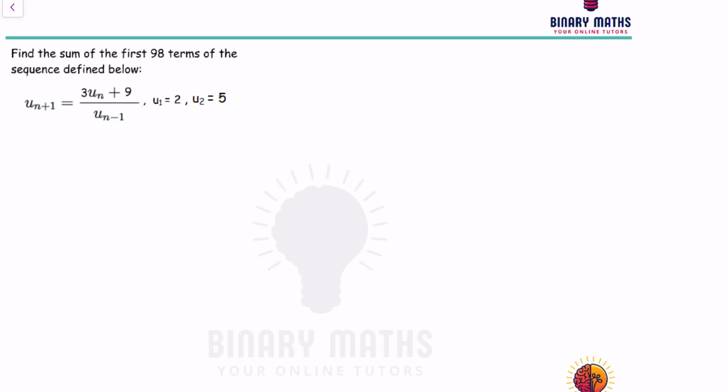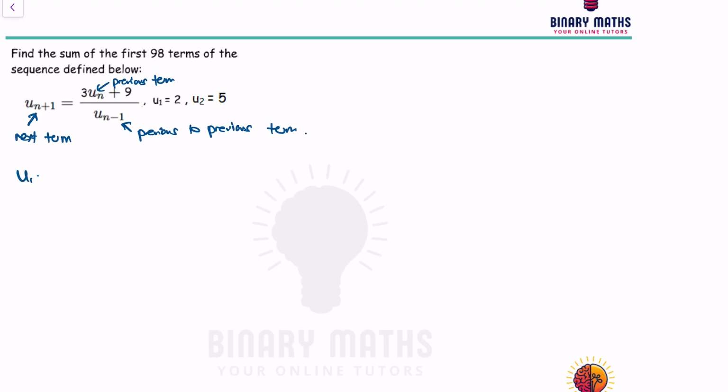Find the sum of the first 98 terms of the sequence defined below. So Un+1, the next term, is 3 times the previous term, plus 9 over the previous to the previous term. So this one's a bit more complicated because you're taking the previous to previous term, so be very careful with that.